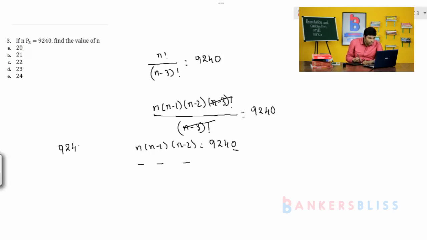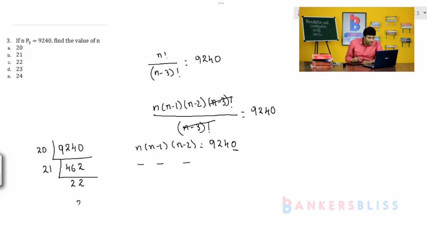Therefore, 9240 you divide by 20, you factorize by 20. So 20. Next, 2 4s are 8, 12 carry over, 2 6s are 12, 4 carry over, 2 2s are 4. Next, you go with 21 because it is divisible by 21. 21 2s are 42, 4 carry over, 21 2s are 42.